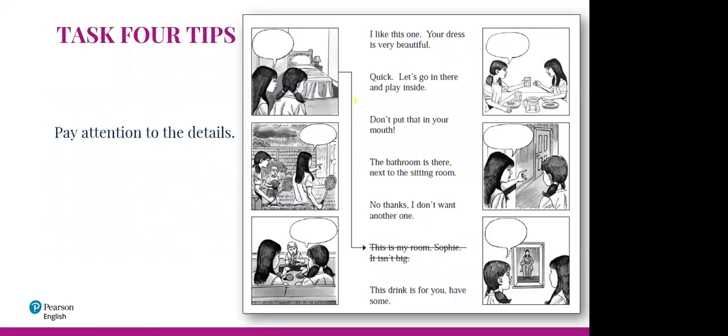In this task, it's very important that they pay attention to some small details. Just to show you what I mean, in this picture, we have two girls, but it's very important which girl is holding the cup and which girl is speaking, because we have two utterances here that could be used in this situation, which is "No thanks, I don't want another one," and "This drink is for you, have some."